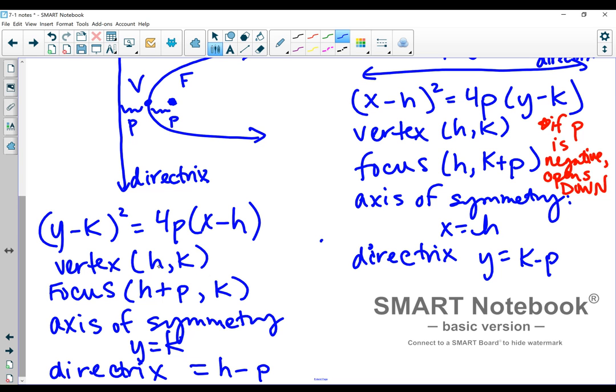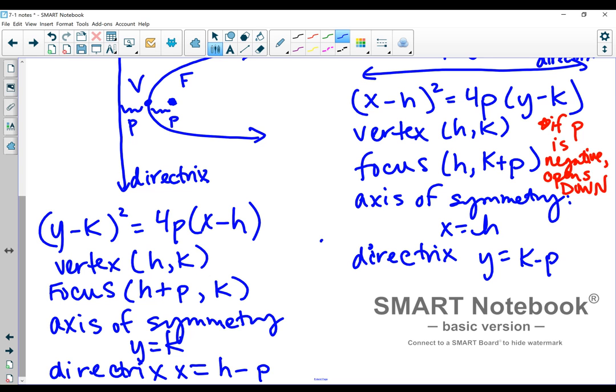I'm starting at this vertex that was an h value, and I'm going to the left p units, so it's h minus p. So that's going to be x equals h minus p.